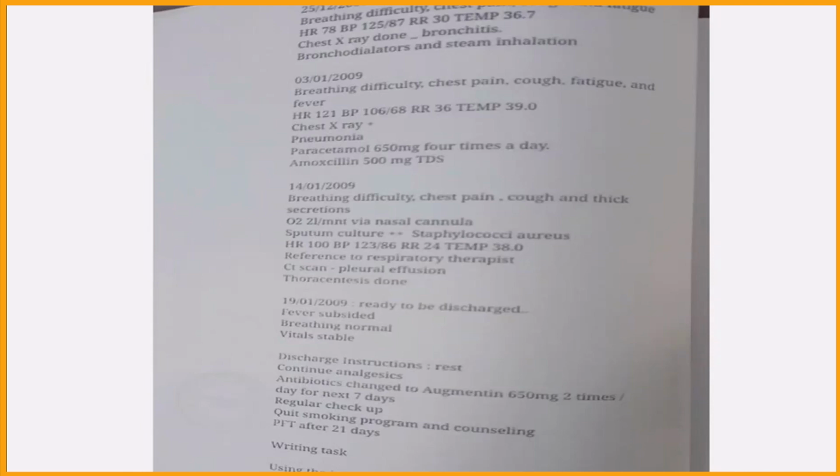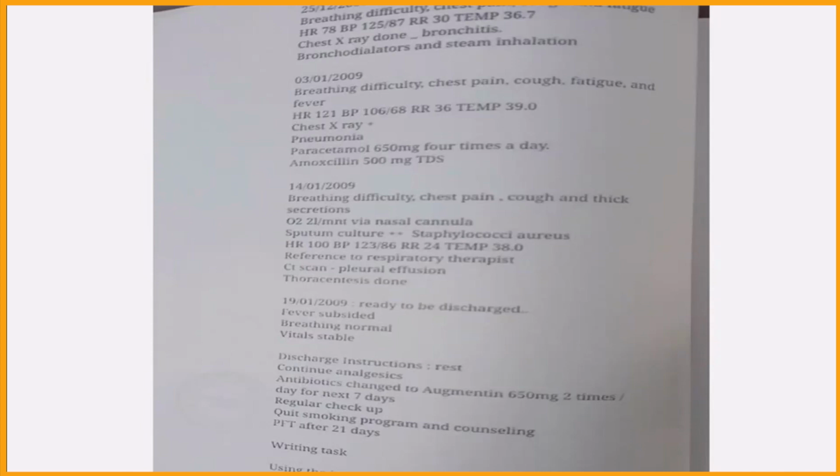Read it. Discharge instructions. Rest. Continue analgesics. Antibiotic: change it to Augmentin 650 mg 2 times per day for next 7 days, regular checkup, quit smoking program and counseling, PFT after 21 days.